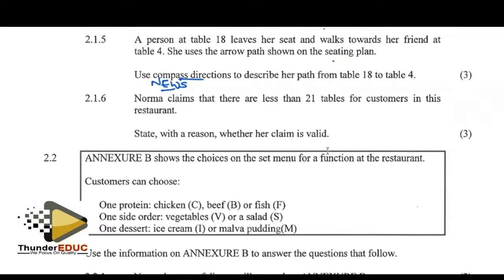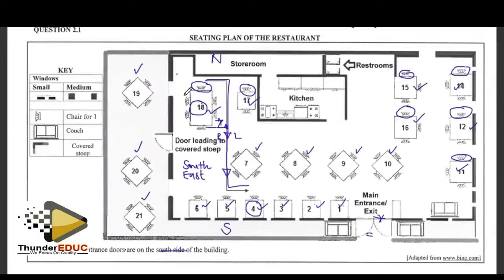Right, let's go and we say annexure. Let's see if there are less than 21. Indeed, there are less than. Let me see. I'm going to count them.